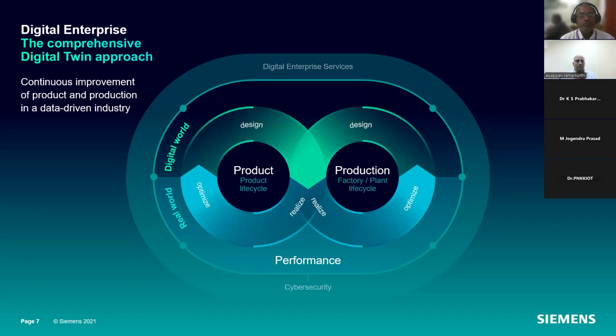There are two levels of optimization. One is what you're going to do in the future, and another is in the operations live as it is happening. How do you fine tune your operating parameters? And that is the optimize which comes inside. So there are three aspects in the twin. How do you design? How do you realize it? And how do you optimize it?